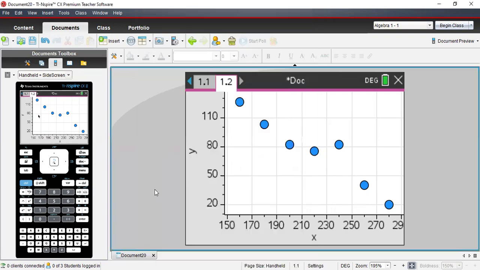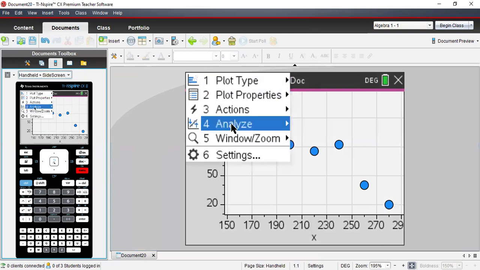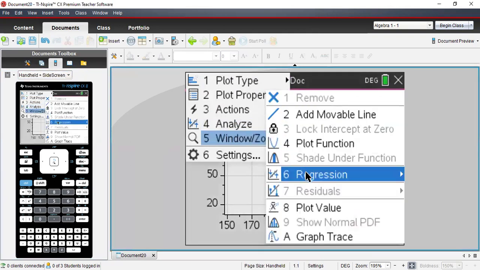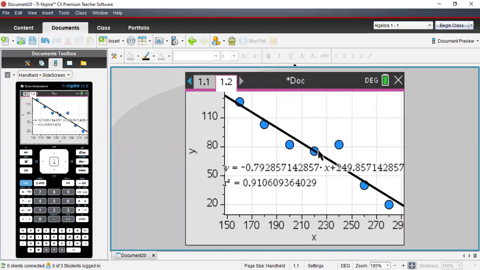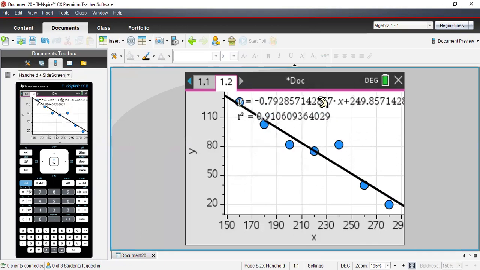So now that I know it's linear, I know it's a linear regression, I'm going to do menu 4, 6, 1. And there is my equation. I have to round the coefficients and the constant to 2 decimal places. So my equation is going to be f of p. It's not y in this case.